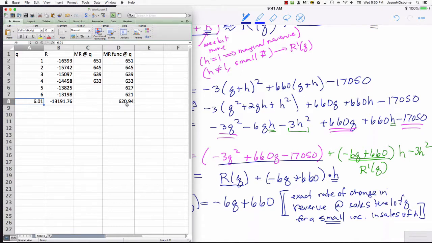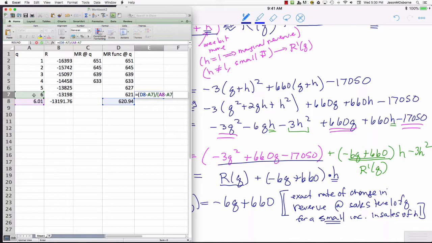So how much would your revenue jump if you sold just 1/100th of 100 units? What you would do here is the average rate of change. It would be the revenue for selling 6.01 items minus the revenue for 6, and then you divide by how much your sales increased by, which is 6.01 minus 6.